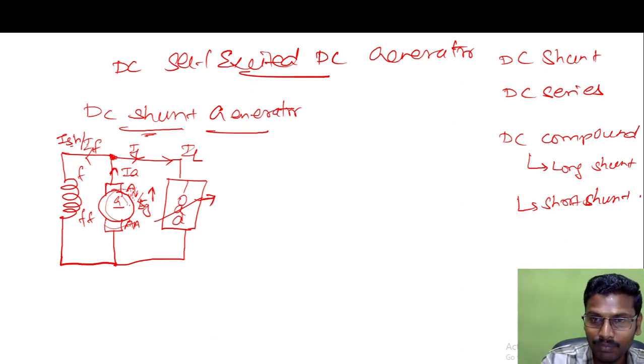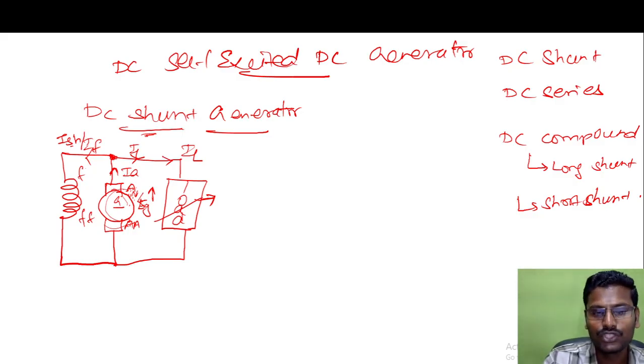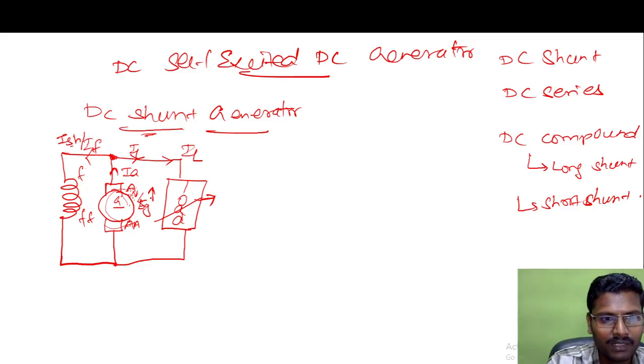Because we give external supply to the field winding in a separately excited DC generator. But here the armature winding itself creates some flux, which is known as residual flux, right? We are not going to give any kind of external supply, so by nature it is creating some flux.